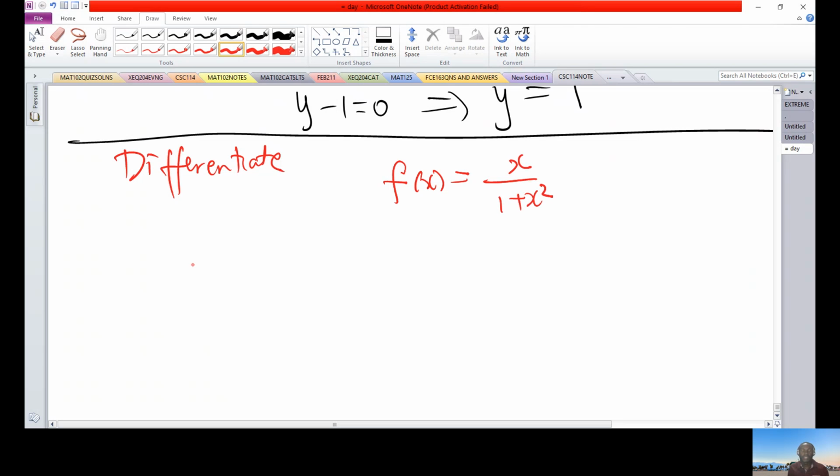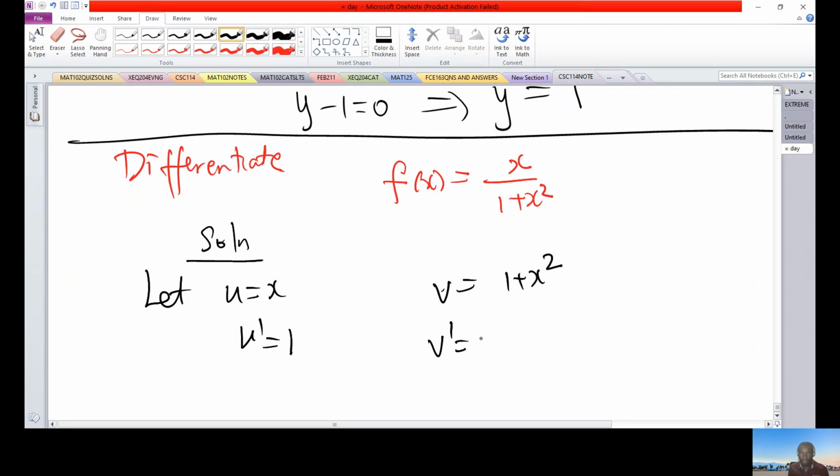So actually it's the same thing as getting dy/dx. Solution. We let u be x and v be 1 plus x squared. So u prime will be 1, v prime will be 2x.